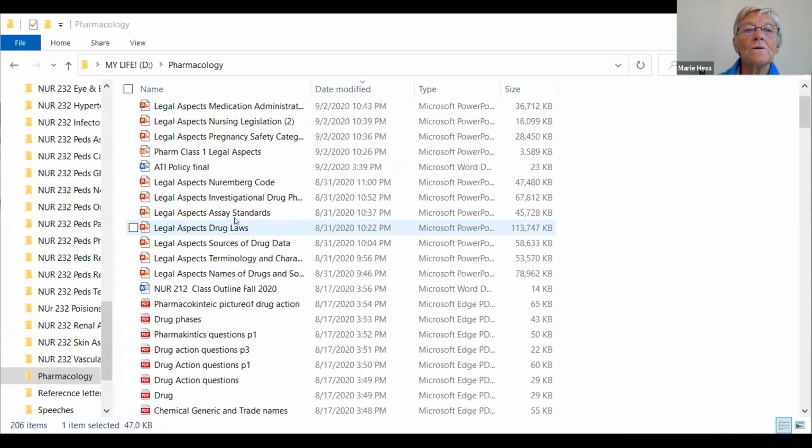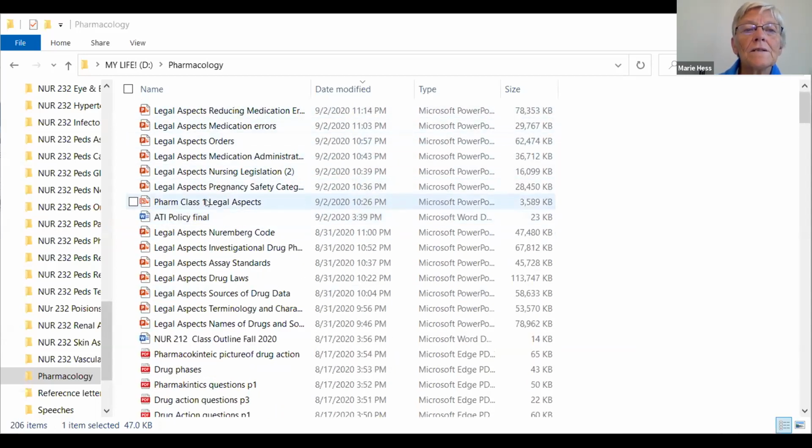Hold on. Can you see this pharmacology stuff or not? It says Jefferson Community College. I'm trying to get it to be a slide, and I can't get it to.